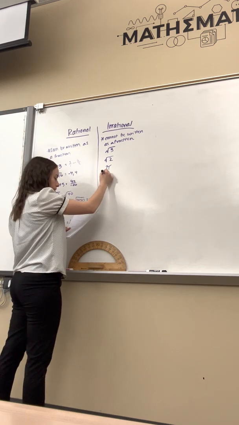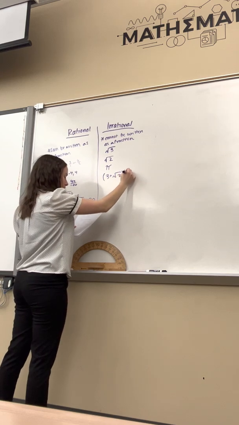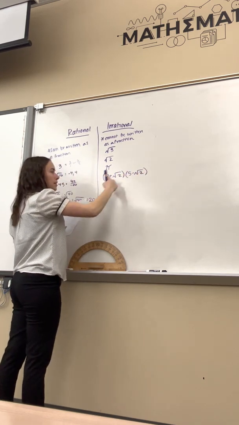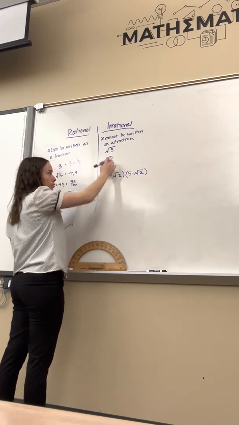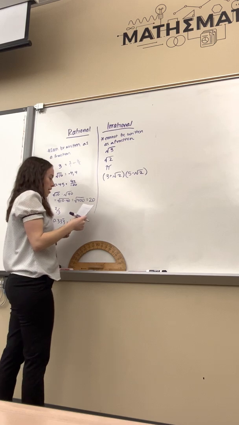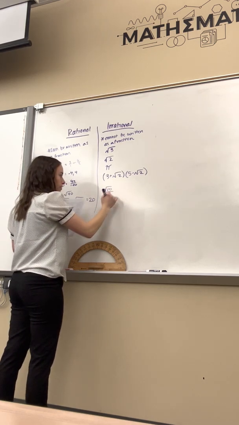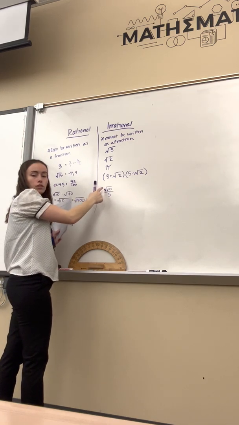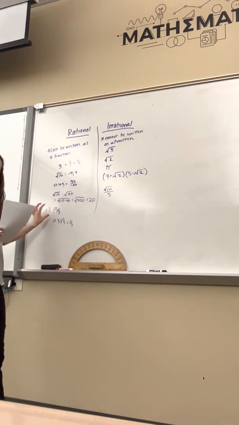And then we also have things that might be written like this, because if you multiply this out, you're going to find that we're left with some root 2's in there, and root 2 is irrational. And then also root 10 over 5. Yes, that's a fraction, but we have a square root number that is irrational in the top of the fraction, so it can't be rewritten as a whole number fraction.